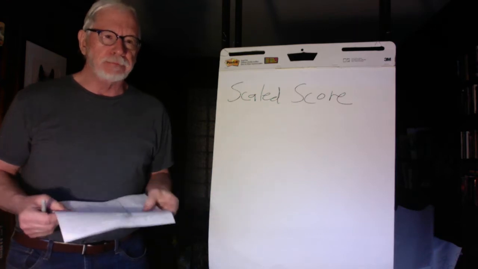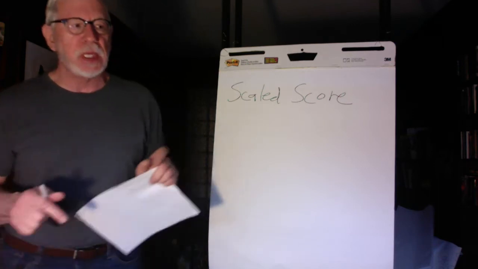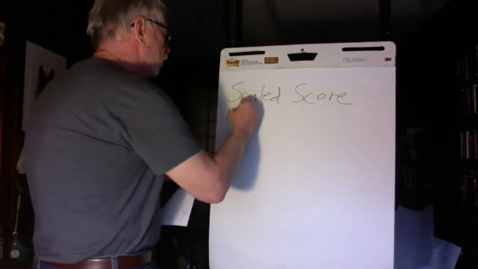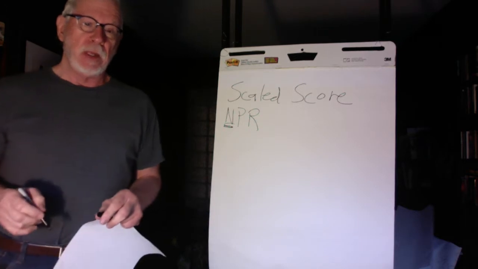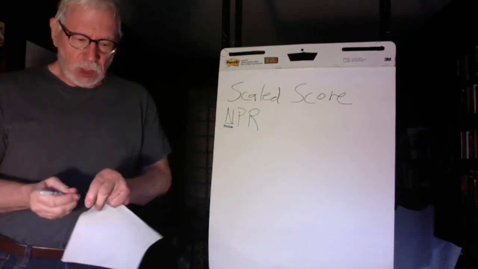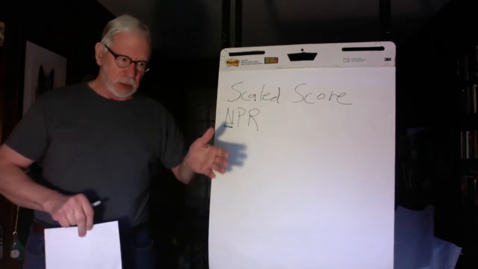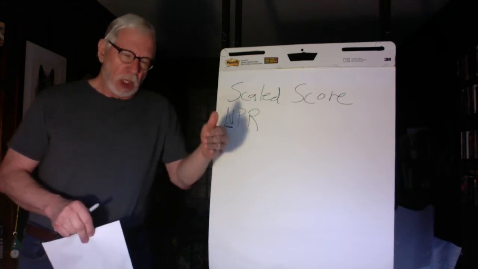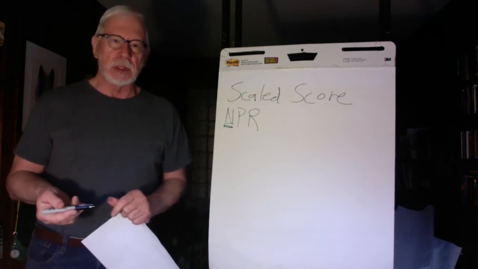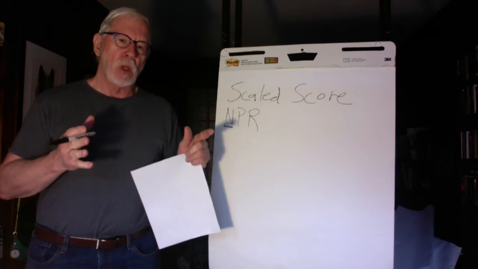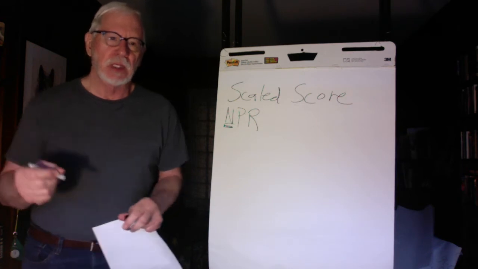The first score that makes some sense for us is NPR, which stands for National Percentile Rank. And again, that means if all the students were lined up with their scores after taking the test in a straight line, and you chunk them off into 100 groups, in other words, 1% of the students in each little group, your score is the number that you're in, left to right.